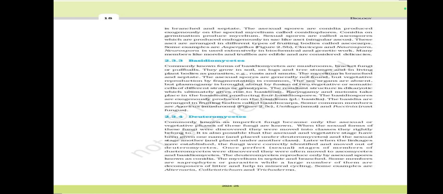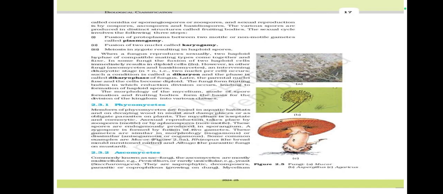The basidiospores are exogenously produced on the basidia. The basidia are arranged in fruiting bodies called basidiocarps. Some common members are Agaricus, mushroom, figure 2.5c, Ustilago, smut, and Puccinia, rust fungus.